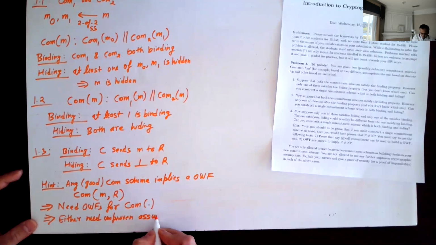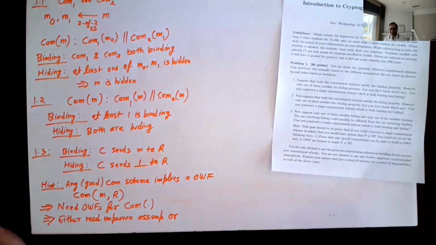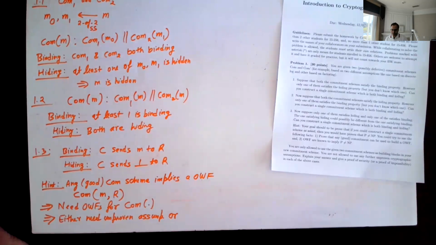cryptographic assumptions, or what is the option if you don't want to use unproven cryptographic assumptions?